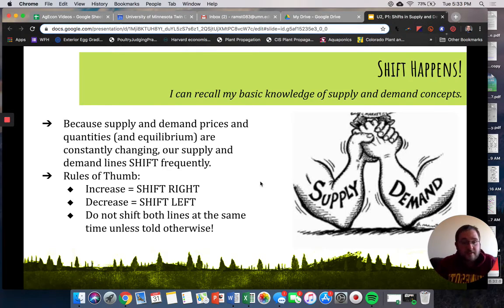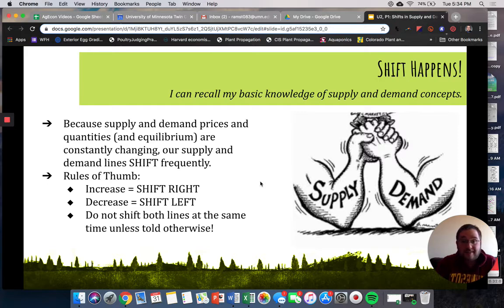Whenever we increase supply or demand, so when I give you a scenario and I say there is a drought on the alfalfa farm, or on the corn farm, or on the tomato farm, or maybe there is something going on that's impacting the supply or demand, when we are decreasing, we are going to the left, and when we are increasing anything, we are going to the right. Okay, so increasing a supply or demand quantity, you will be shifting your line to the right, and decreasing, you will be shifting to the left.